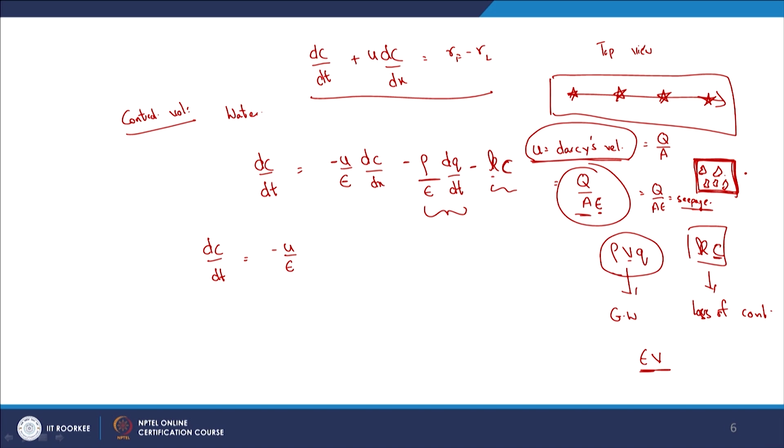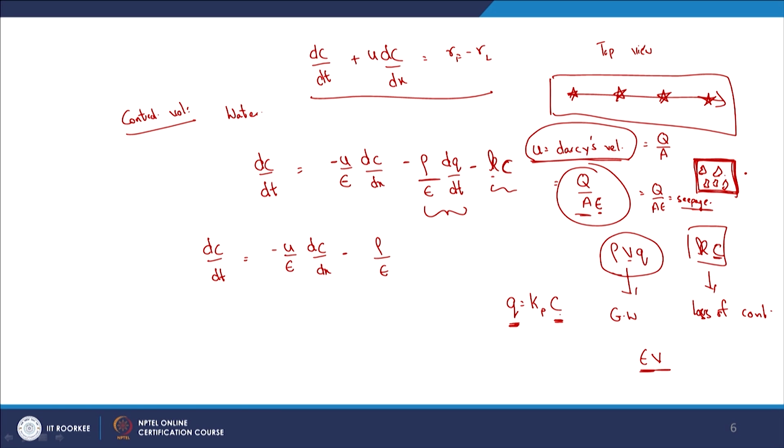Again, just a side note, dC by dx minus rho b by porosity dq, where q is going to be kp times c. q is the mass concentration of the contaminant in the soil, and c is the concentration of the contaminant in the groundwater.